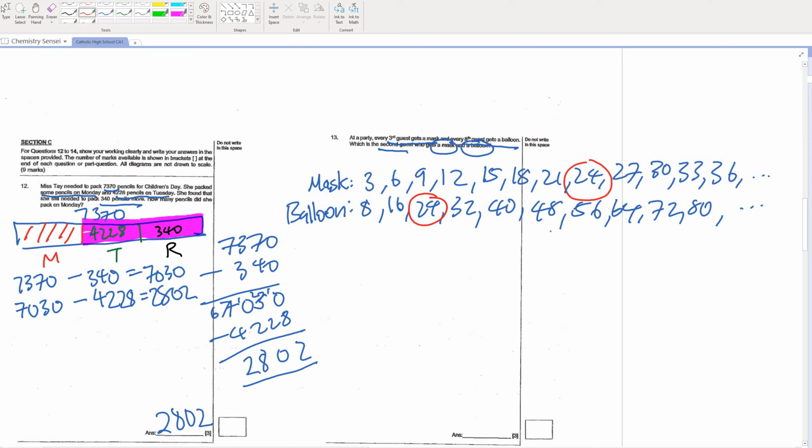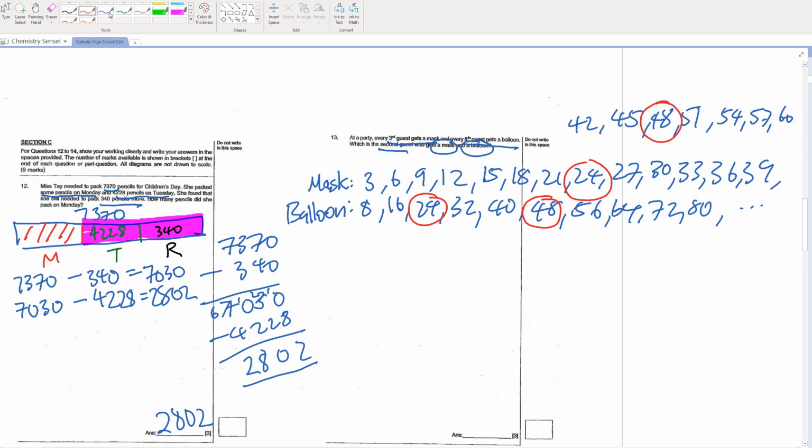Okay, the second person to get both a mask and a balloon is number... Okay, so the second person who gets both a mask and a balloon is the 48th person who enters the room, who enters the party.